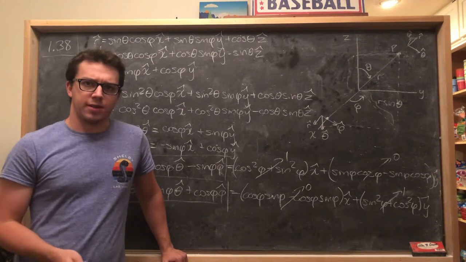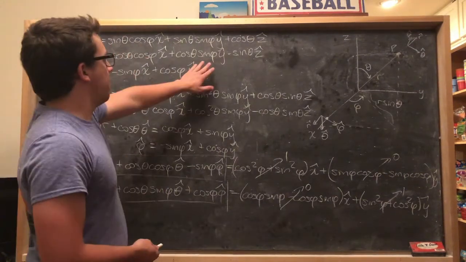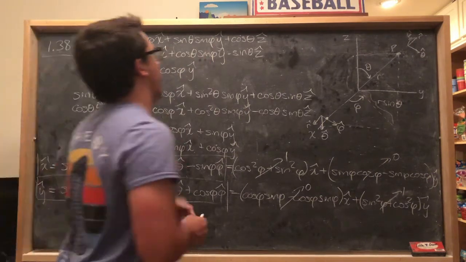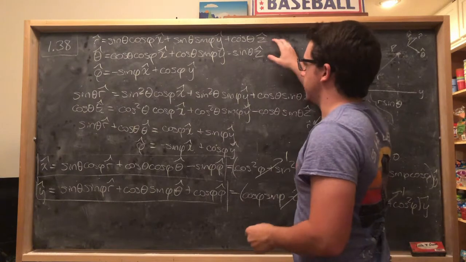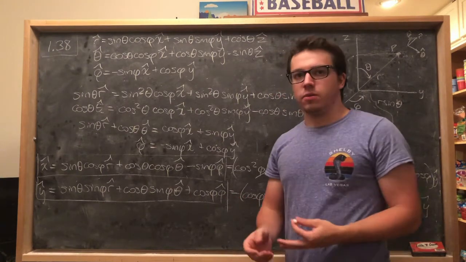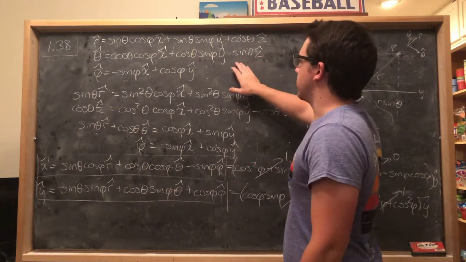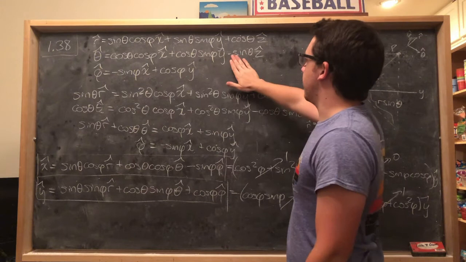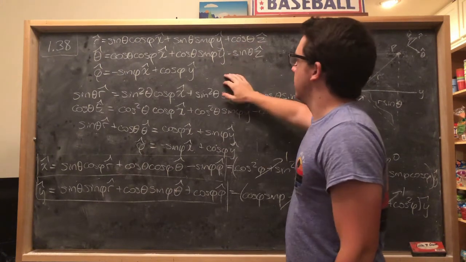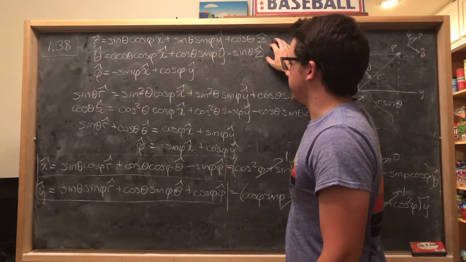So now our final task is going to be to calculate z hat. And let's look back up here, specifically at r hat and theta hat, since they have z hat terms. Again, if we think of the whole cosine squared plus sine squared equals 1, then we could see that we could just multiply theta hat by negative sine and r hat by cosine of theta, and that would add up so that we just get a z hat term.